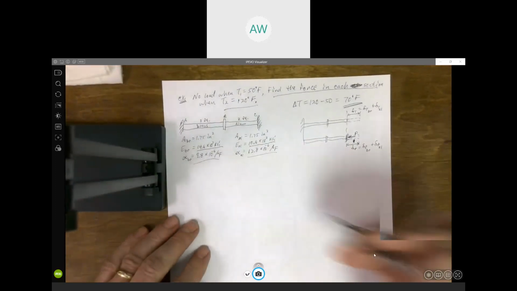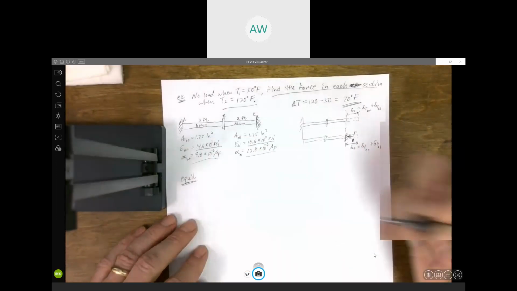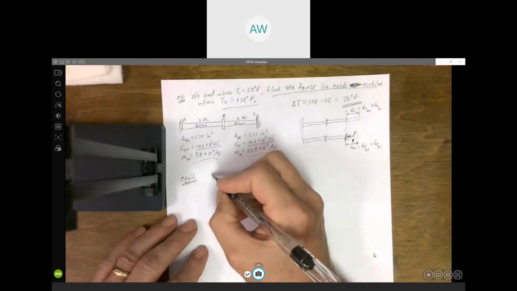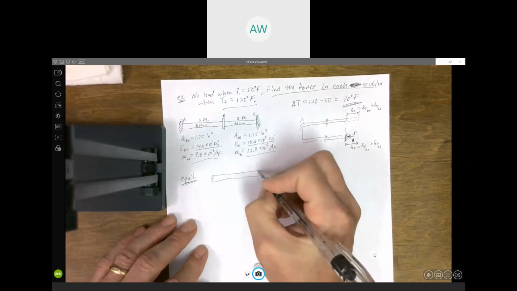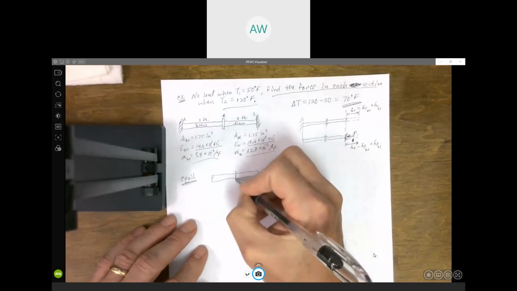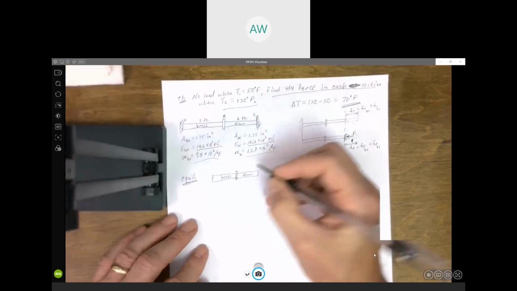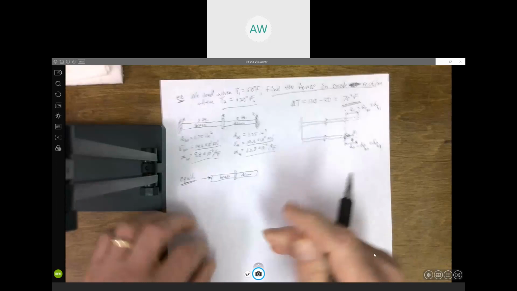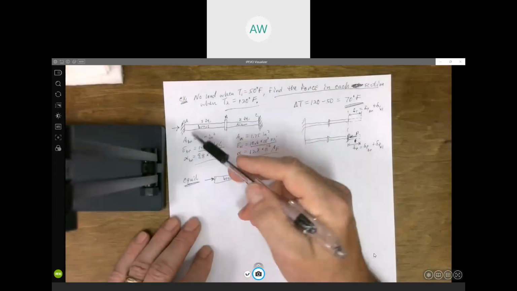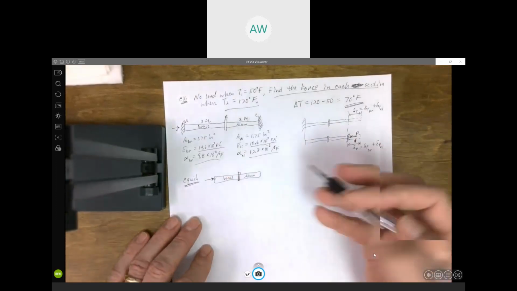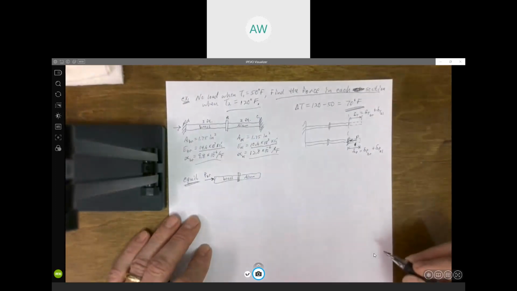Now, we know from equilibrium, and this is mentioned, these are statically indeterminate problems. If you look at this, and this is the brass, and this is the aluminum. As this thing tries to expand, the constraint, the rigid wall at A, is going to push back in. That's going to be some force, we'll call it P brass.